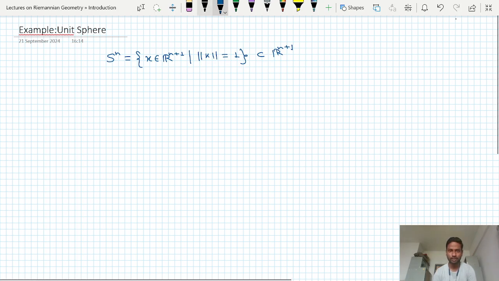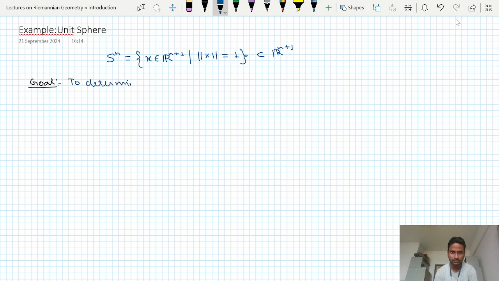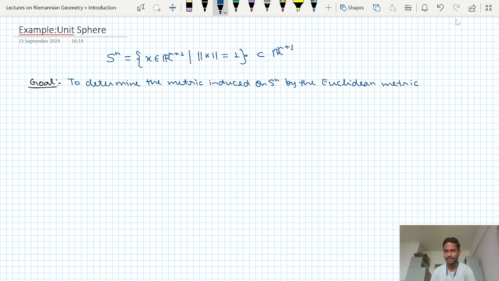So what is the goal? Now the goal is to determine the metric, which is going to be our Riemannian metric, induced on Sn by the Euclidean metric that we have already seen of Rn plus 1.